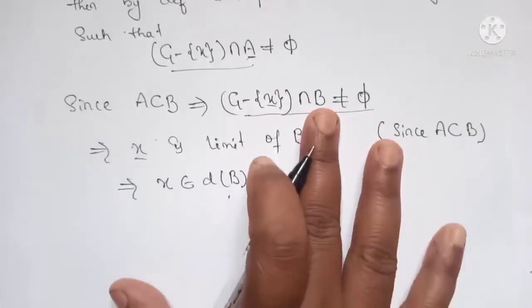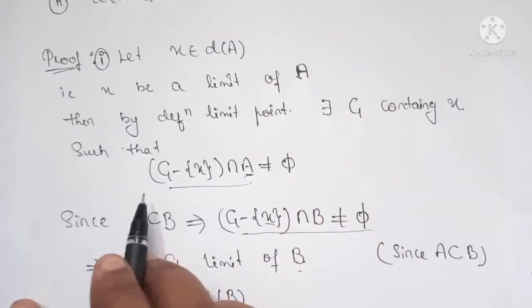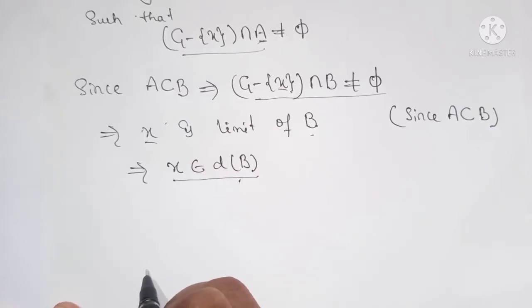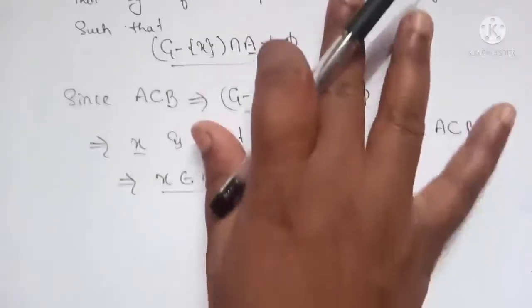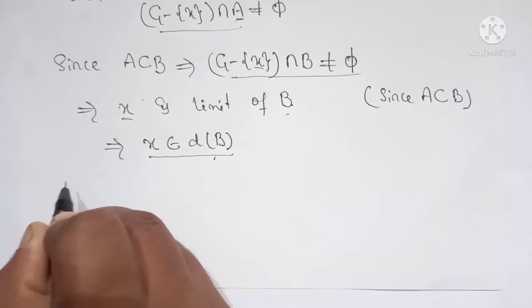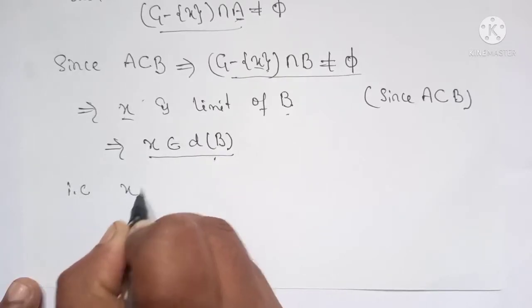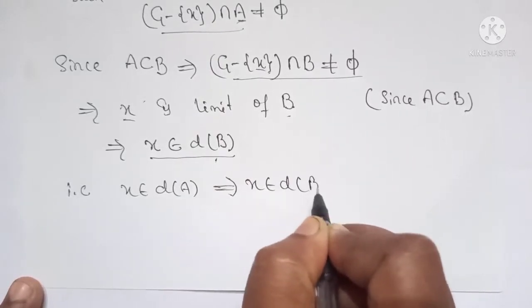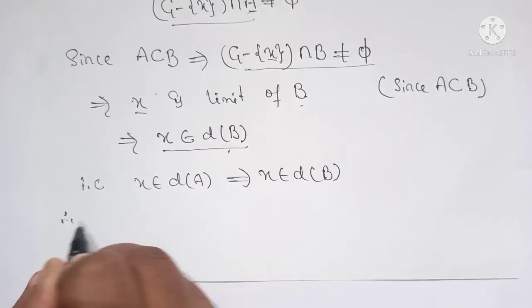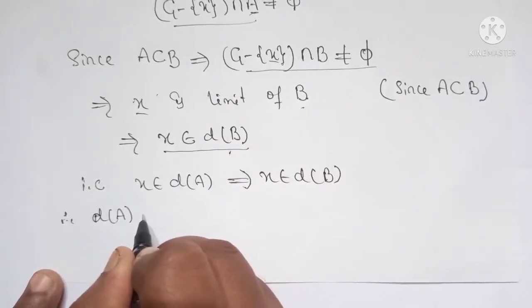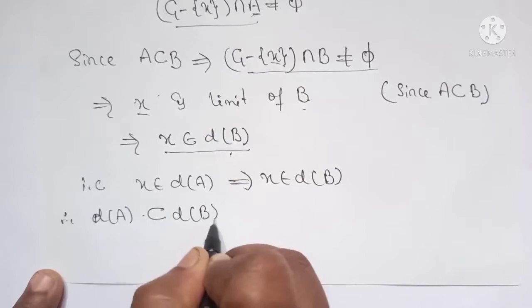Therefore we started with x belongs to the derived set of A, and then we proved that x also belongs to the derived set of B. So x belongs to D(A) implies that x belongs to the derived set of B. Therefore the derived set of A is a subset of the derived set of B. This is the proof.